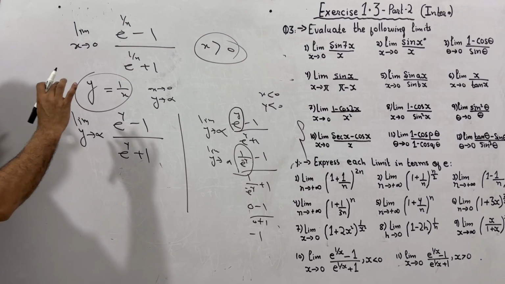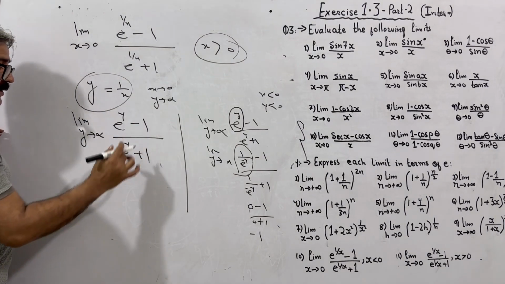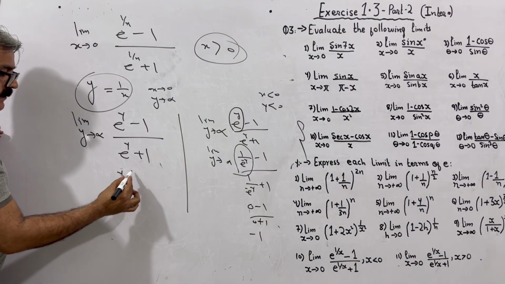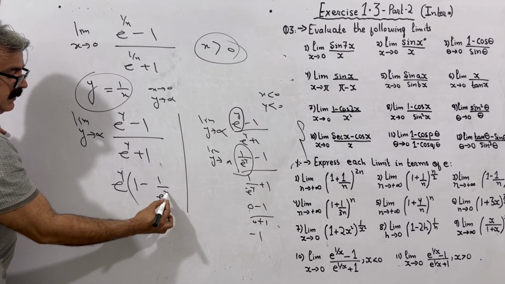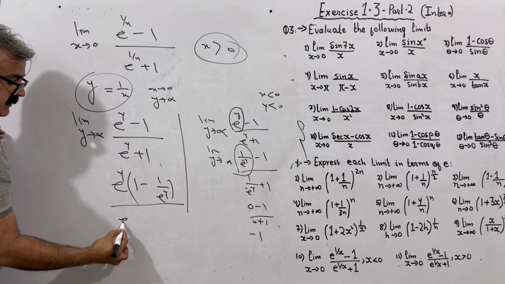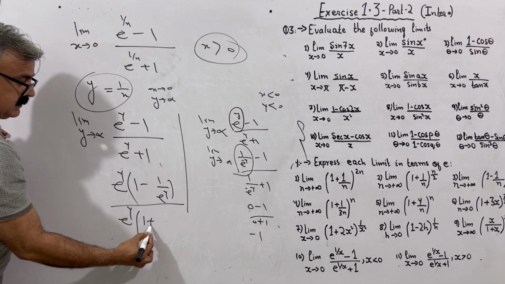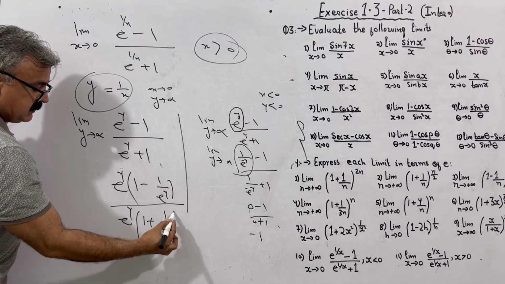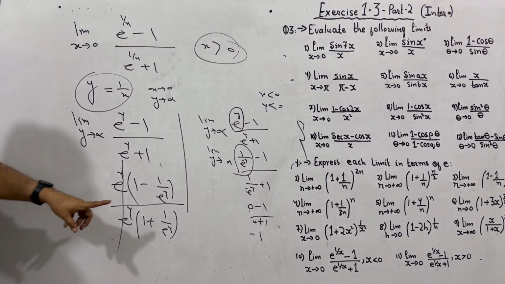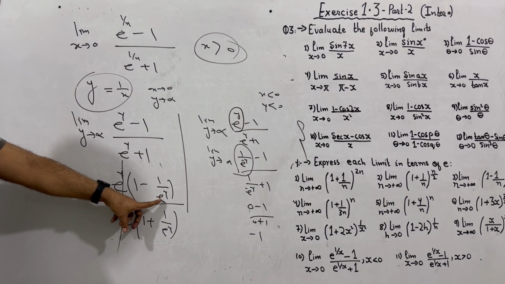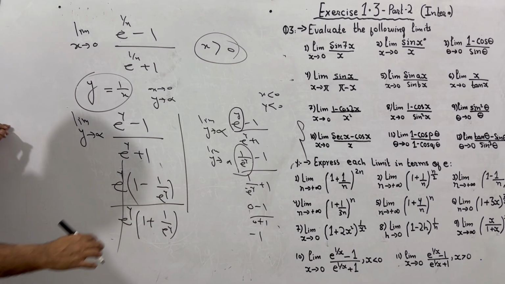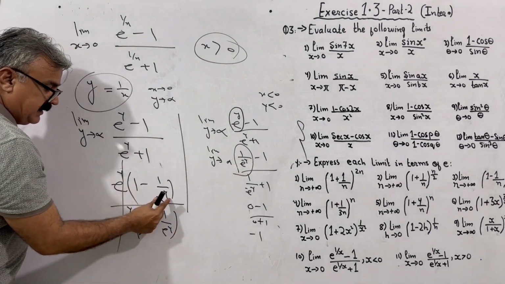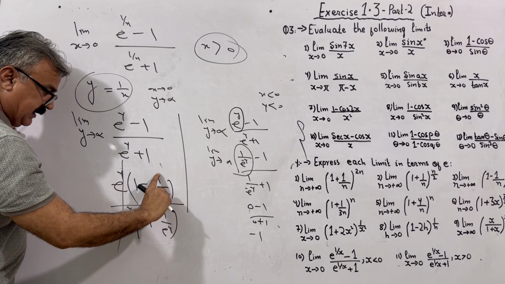In that case, it is already positive. Take e raised to y common. What remains? 1 minus 1 over e to the y, divided by 1 plus 1 over e raised to y. The e to the y cancels out. As y is positive, e raised to y increases, the denominator increases, so the quantity 1 over e to the y decreases.